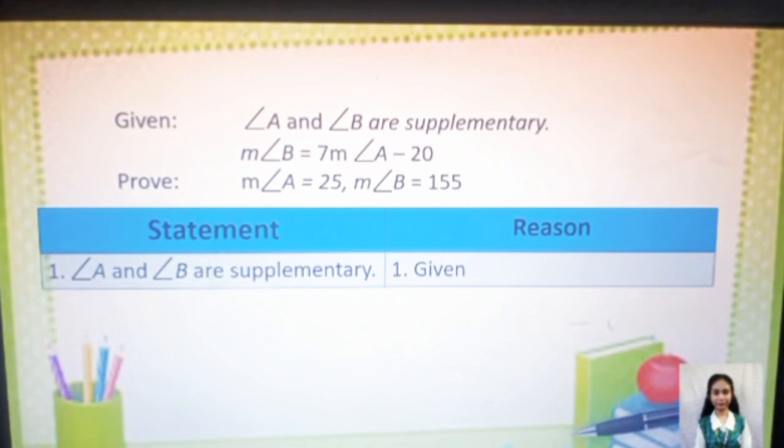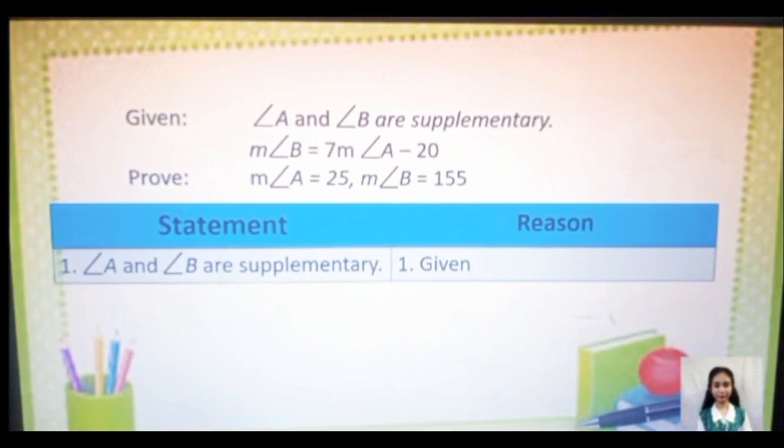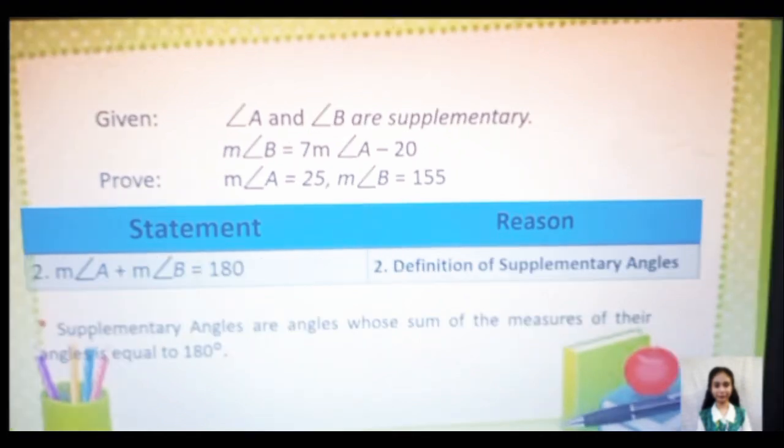Statement 1: angle A and angle B are supplementary. Reason: given. Number 2, statement: measure of angle A plus measure of angle B is equal to 180. Reason: definition of supplementary angles. Supplementary angles are angles whose sum of the measures is equal to 180 degrees.